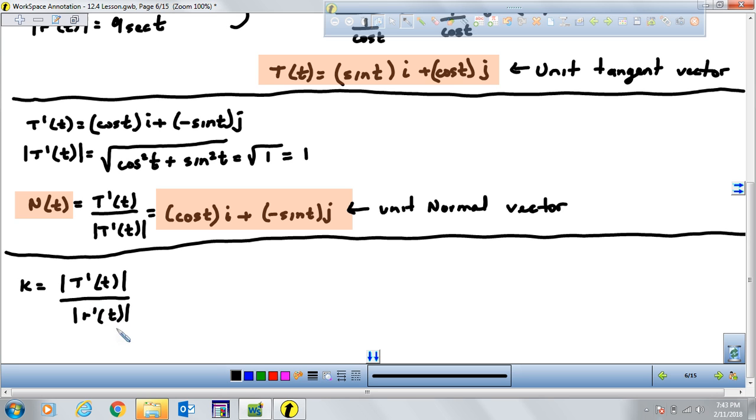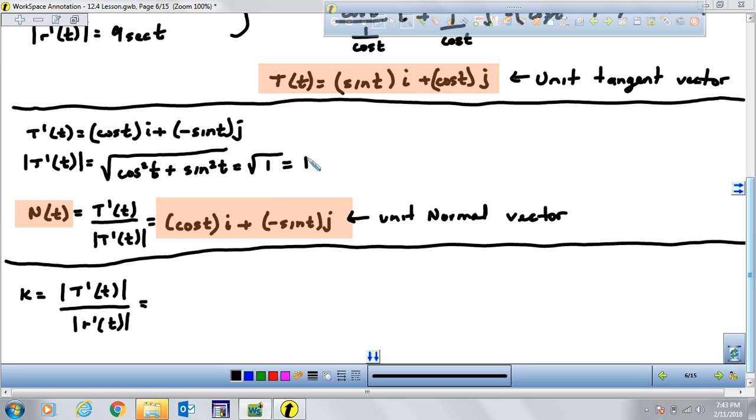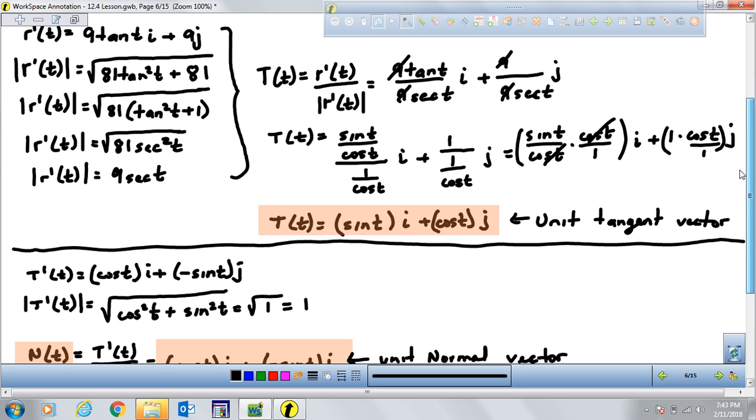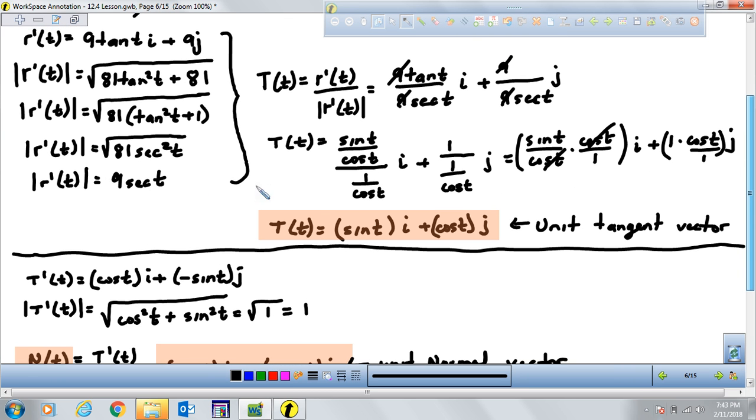I'm writing it in terms of r prime of t and T prime of t. So let's get the magnitude of the tangent vector derivative, which is 1, divided by the magnitude of the position vector derivative, which we found to be 9 secant of t.